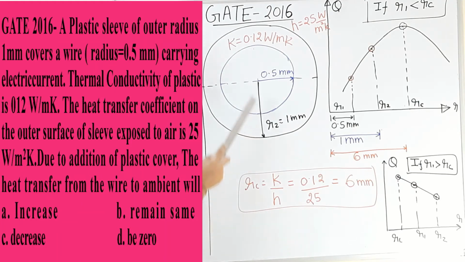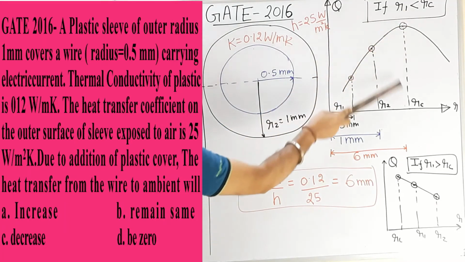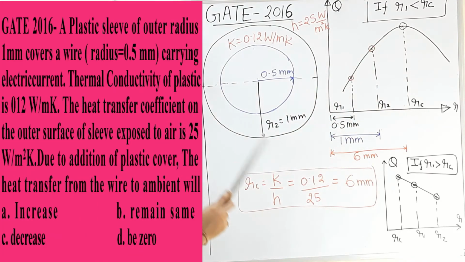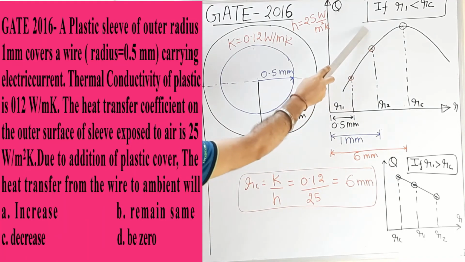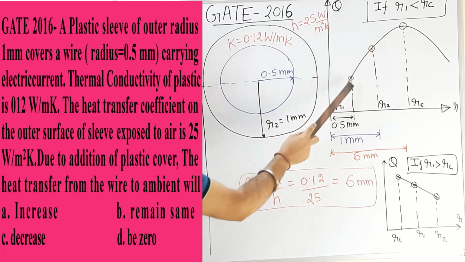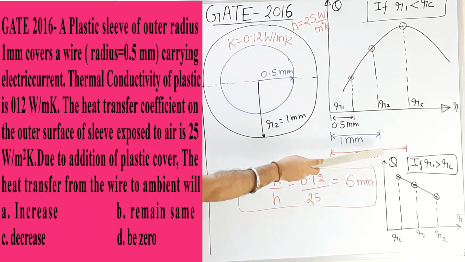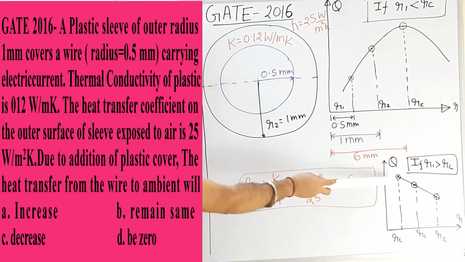We can see R1 is 0.5 mm and RC is 6 mm. So R1 is smaller than RC. From this comparison, we can choose which graph will follow, upper one or lower one. In our case, R1 is smaller than RC, hence we will follow this graph. If R1 were greater than RC, then we would choose this graph.